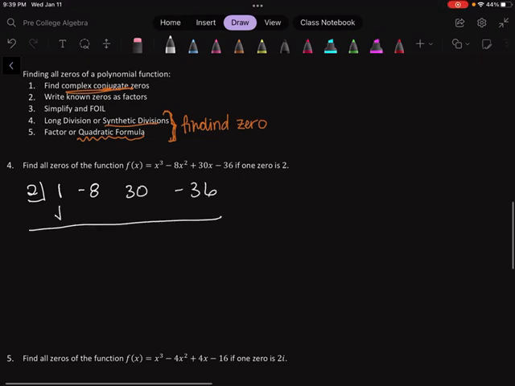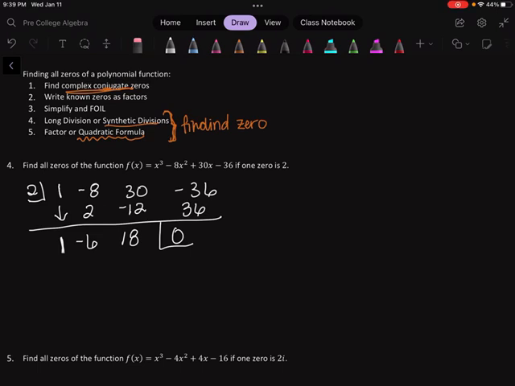Okay, it's about the same. So 2 times 1 is 2. Then we add those. I get a negative 6. 2 times negative 6 is negative 12. 30 minus 12 is 18. And 18 times 2 is positive 36. So, of course, we knew that remainder there was going to be a 0, right?